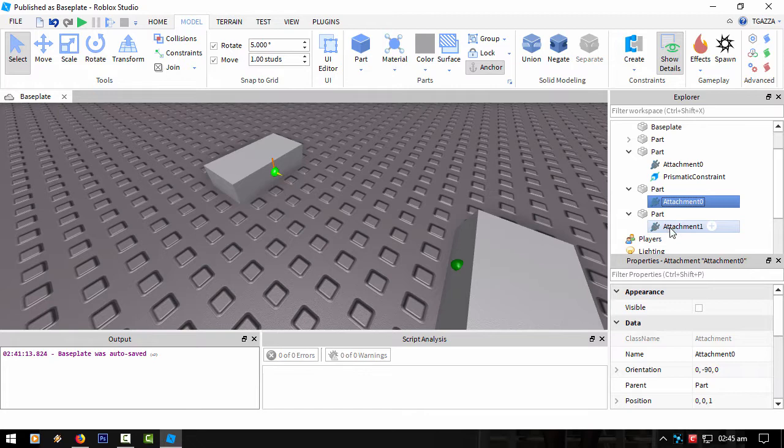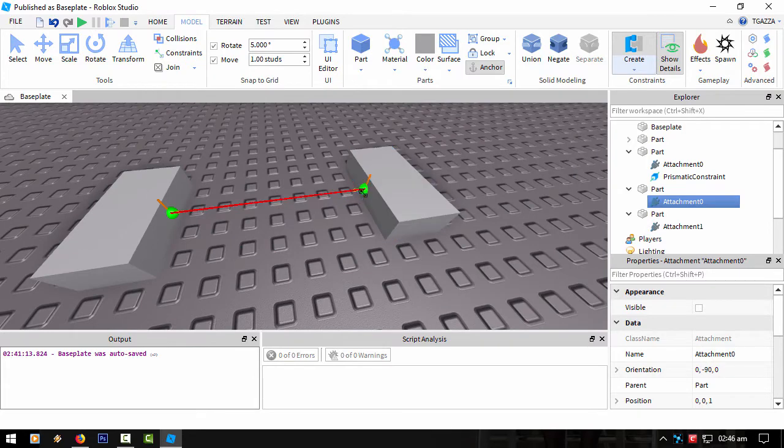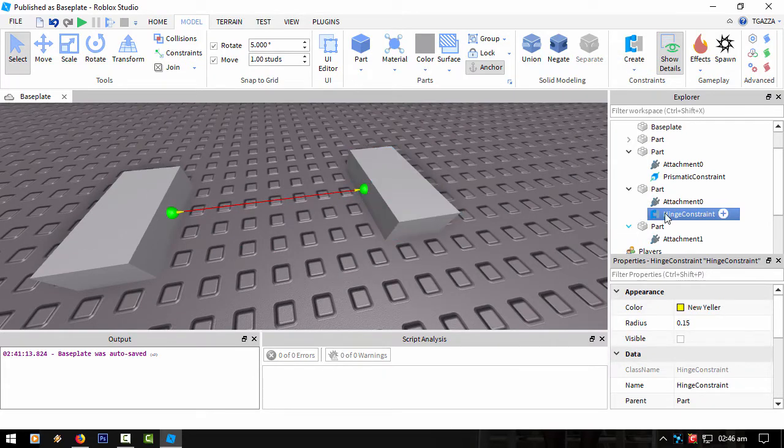If you've got two attachments in two different parts, I don't know if it will work with two attachments in the same part. We can try that out in a bit. But it also finds those attachments. You can just click on the attachments when you create the joint, because we already clicked on that one, and then click. There you go. So that's now joined with those two existing attachments.